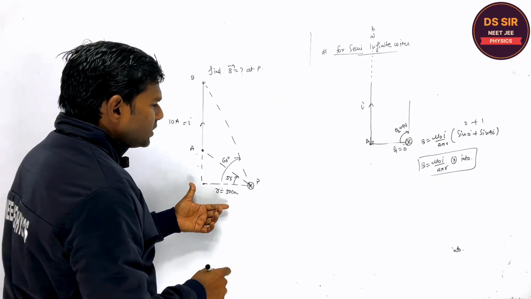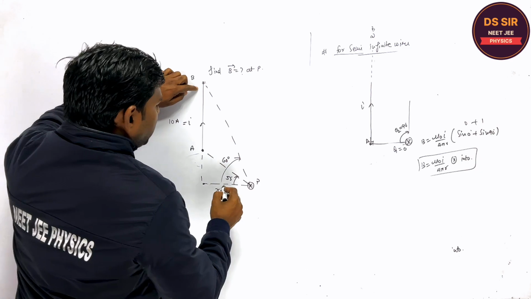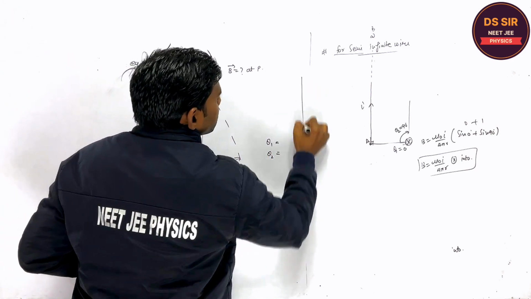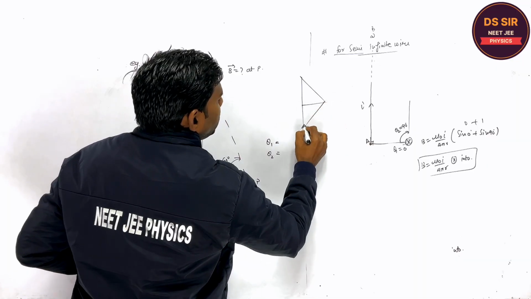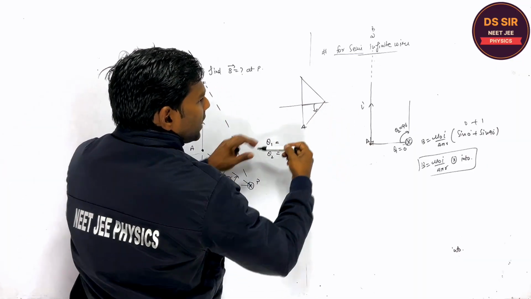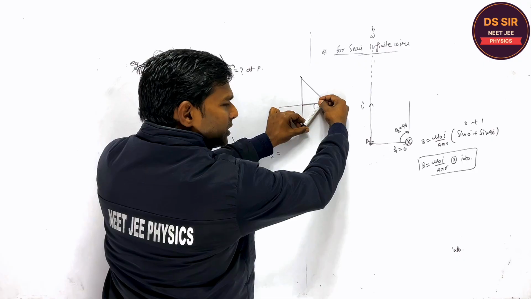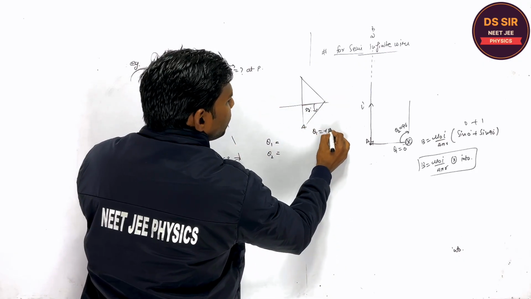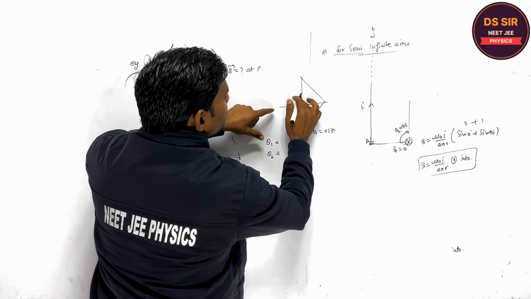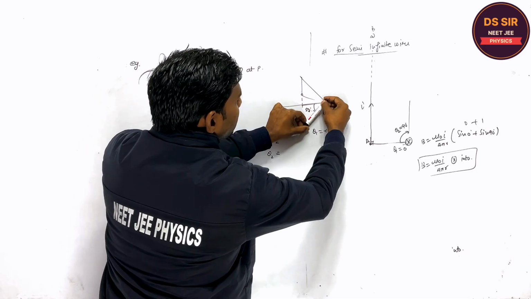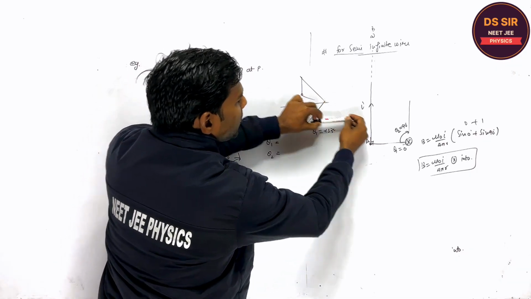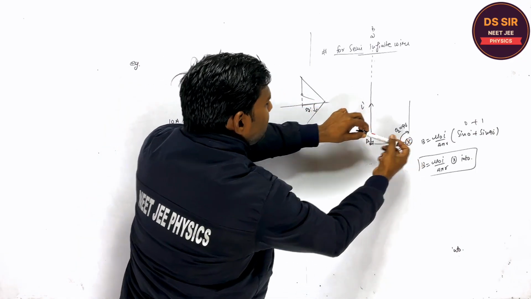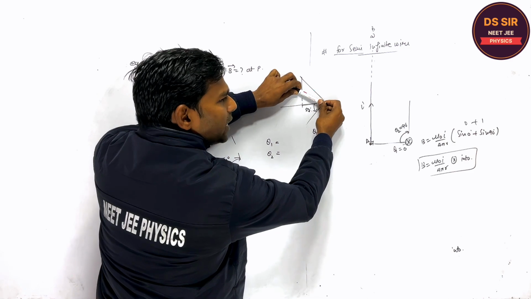Okay, so here listen one thing. Only the values of theta 1 and theta 2 we have to write. Suppose this is the point A and this is the reference line. If it is on this side at 53, then it is taken as plus 53. But if point A is reducing here and theta 1 becomes 0, and if you cross this reference line, then theta becomes negative.